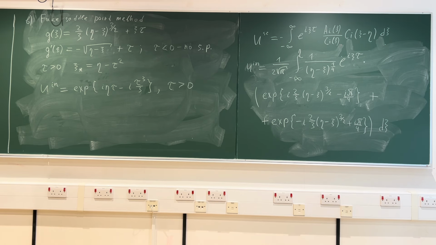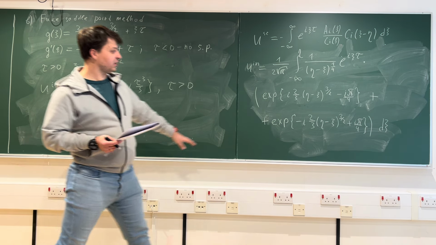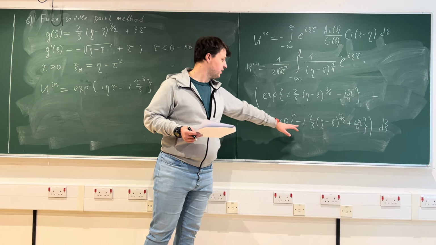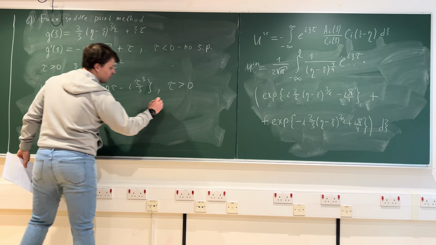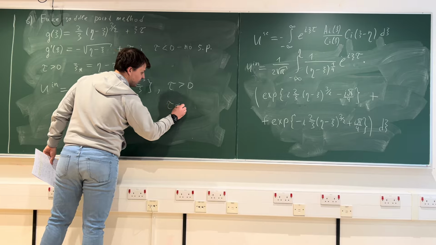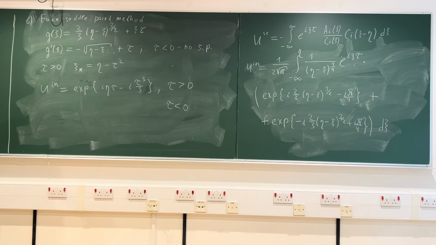We can analyze the second part, and the second part will give us, here we have minus, a plane wave for tau less than 0. So we obtained as asymptotic representation a plane wave, which makes things consistent. So it's like a demonstration that the saddle point method worked.